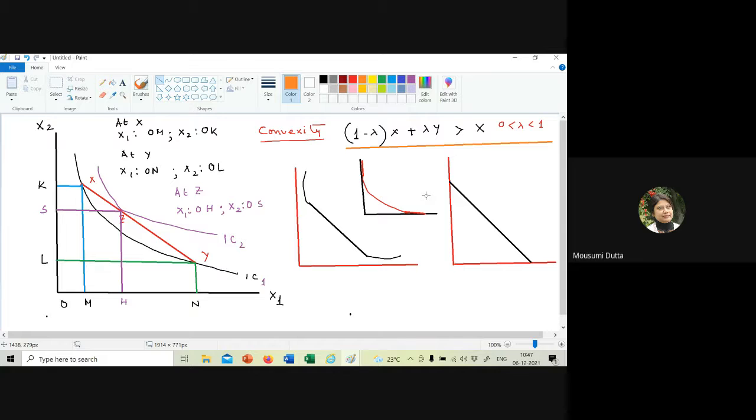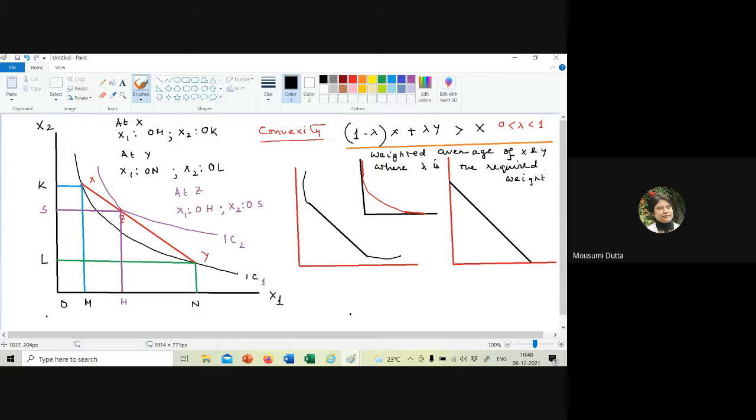This we call the weighted average of x and y, where the weight is given by lambda, and it will have a value lying between 0 and 1.